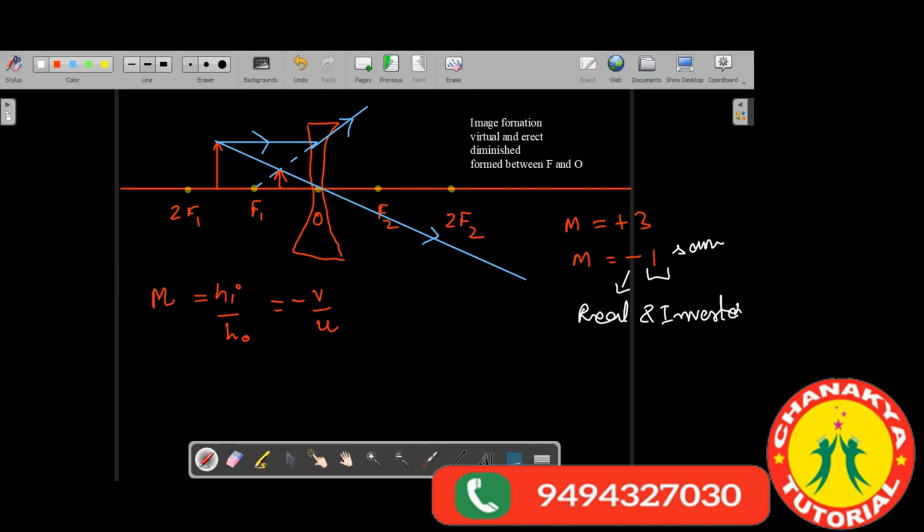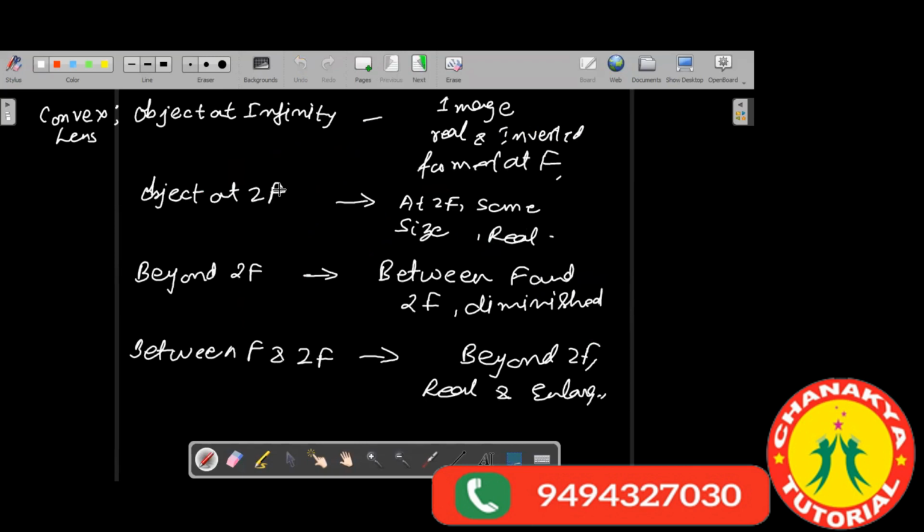So which lens gives a real and inverted image of the same size? Isn't it the convex lens when the object is placed at 2F? When the object is at 2F, the image is formed at 2F, same size, real and inverted.